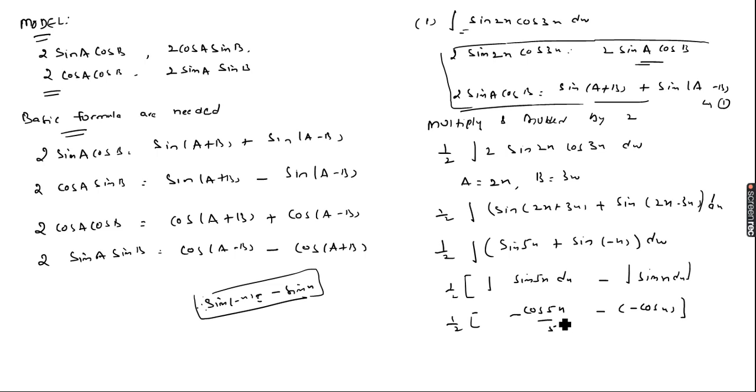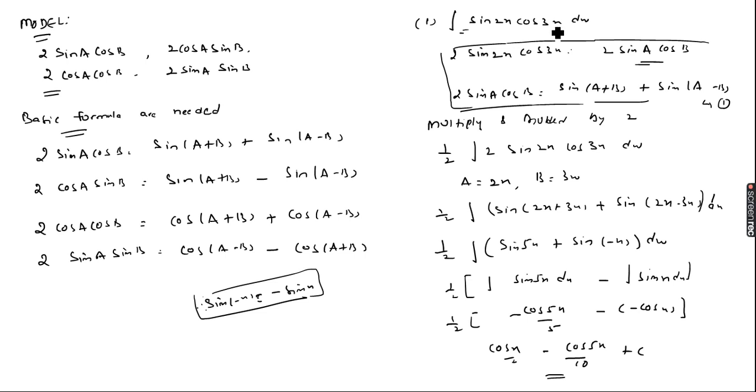Therefore we get cos x by 2 minus cos 5x by 10 plus c. Don't confuse, this is sin 2x, not sin square x. This is cos 3x, not cos cubed x.